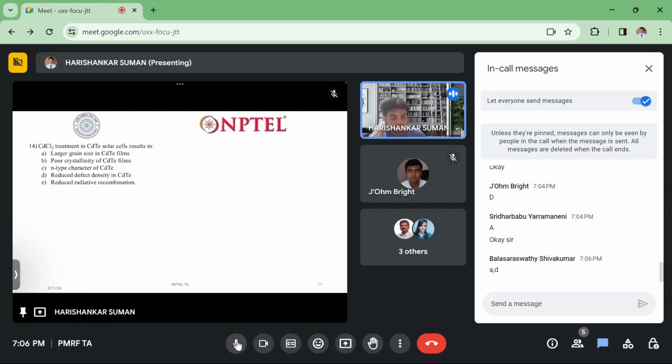For what purpose is cadmium chloride treatment done in cadmium telluride solar cell?